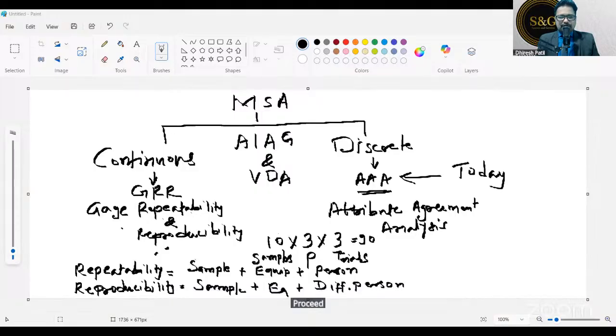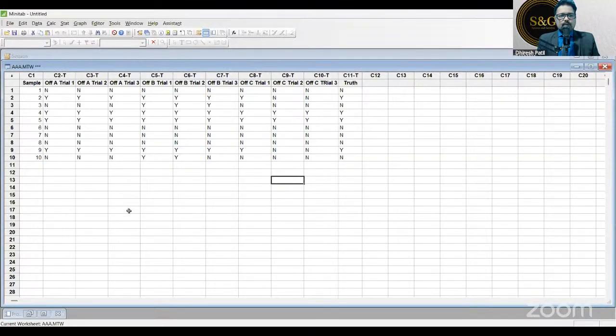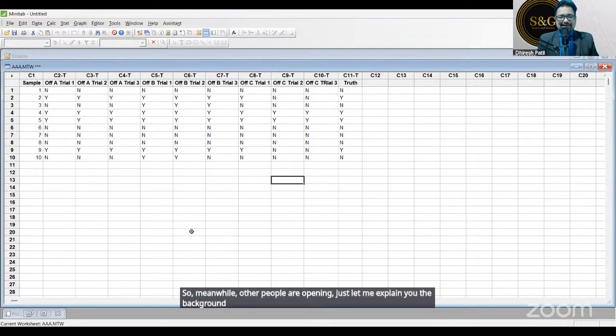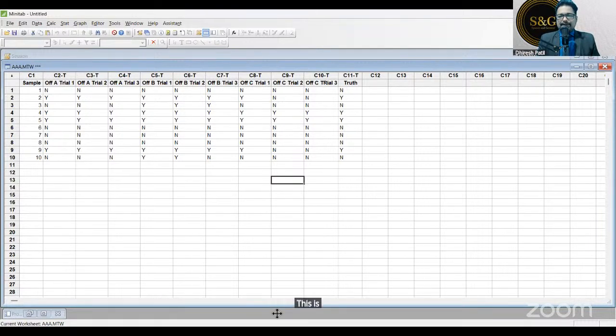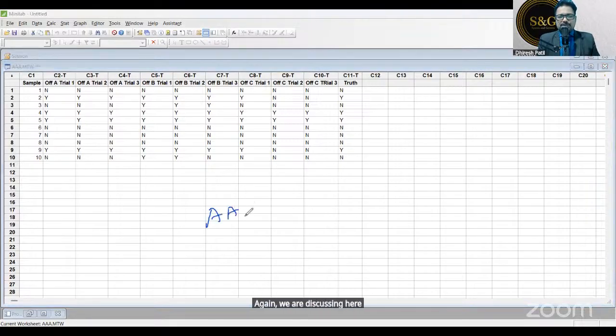Let me share my screen. Very good. So meanwhile, other people are opening, just let me explain you the background. Now this is a bank. Again, we are discussing here attribute agreement analysis, AAA. It's an attribute data, yes, no. See, continuous data will have numbers.